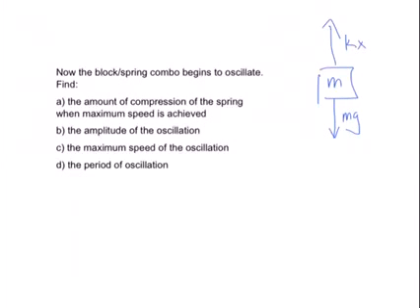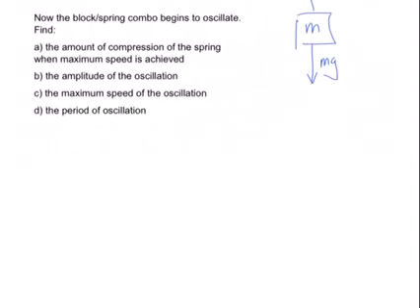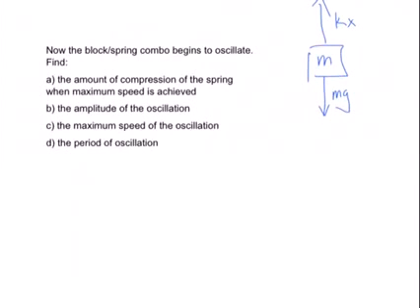So we need these forces to be equal for the max speed to happen. To get part A, we need to set those forces equal and just solve for the compression distance x. So that's going to be kx equals mg.